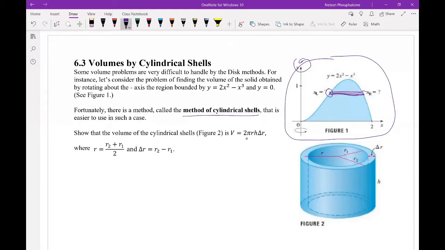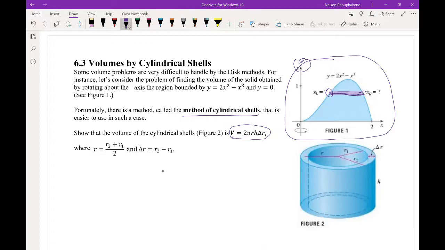So first of all, I need to show that the volume of a cylindrical shell can be written as V equal to 2 pi R H delta R. So what is R?